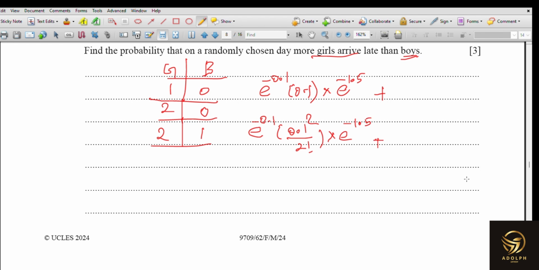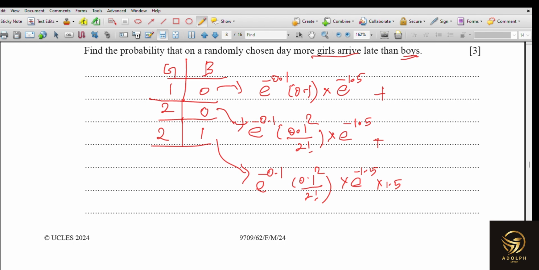Then plus girls 2 days and boys 1 day. For girls, if it is 2 days, we already did e power negative 0.1 times 0.1 squared by 2 factorial. For boys, it is 1 day, which means e power negative 1.5 multiplied by 1.5. So this is the first combination, here is the second combination, here is the third combination.